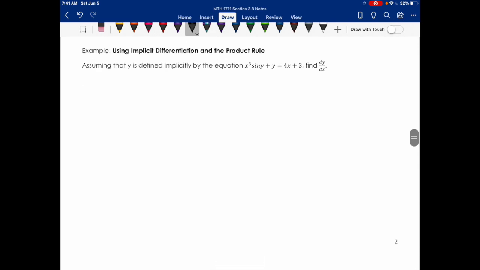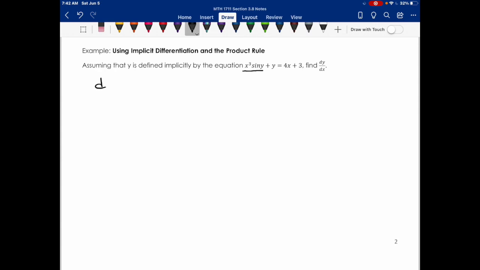Okay, in the next example, we're going to use implicit differentiation with the product rule. So if you notice here, I have a product of two functions. I have x to the third and I have sine y.